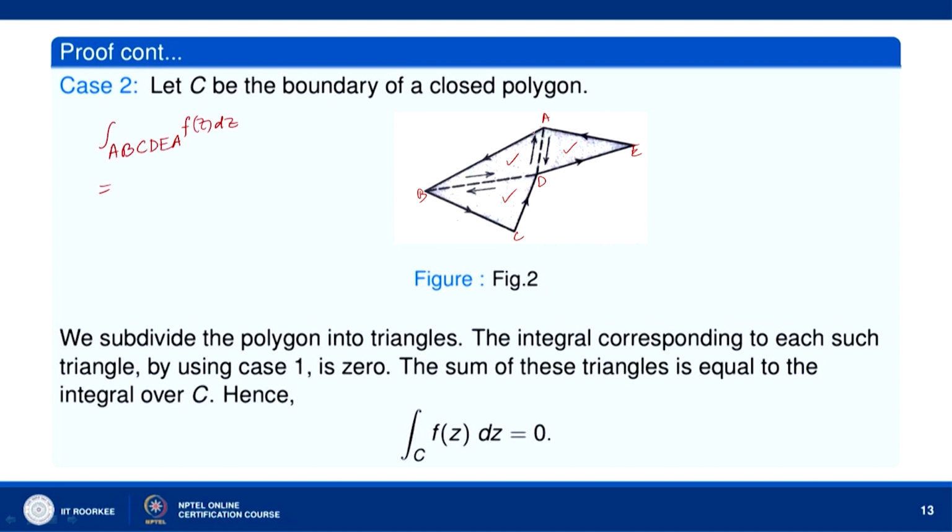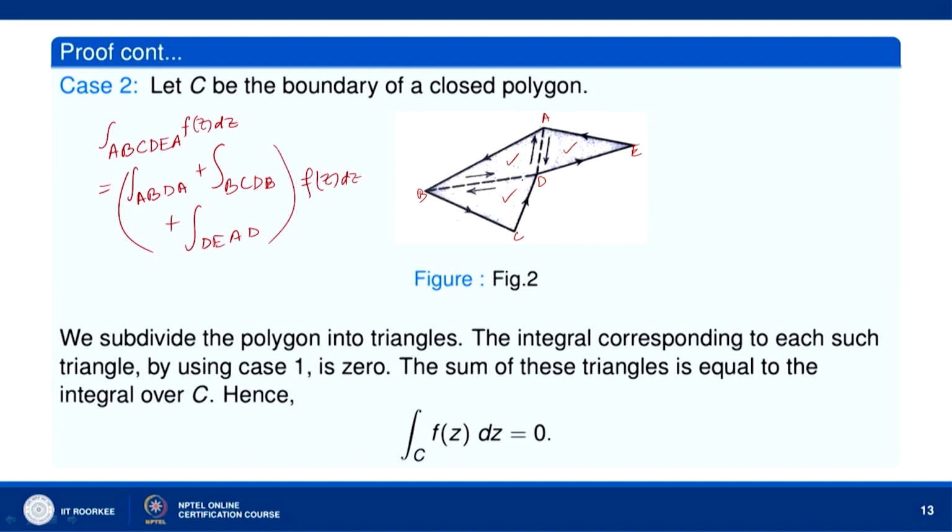And what I notice is that the integral over ABDA, plus the integral over BCDB, plus the integral over ADEA, the sum of these 3 integrals is equal to the integral over ABCDEA.